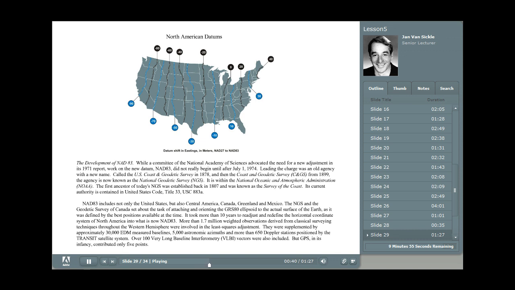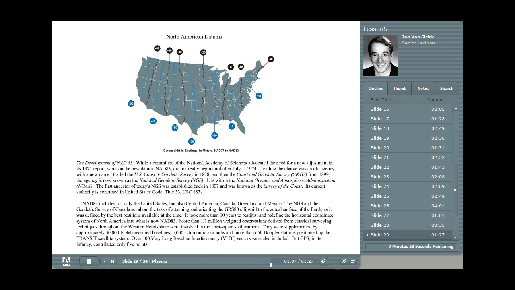Now this datum not only includes the United States, but Central America, Canada, Greenland, and Mexico. And the Geodetic Survey of Canada also set about attaching and orienting to the GRS-80 ellipsoid. It took more than 10 years to readjust and redefine all the horizontal coordinates into what is now NAD 83.